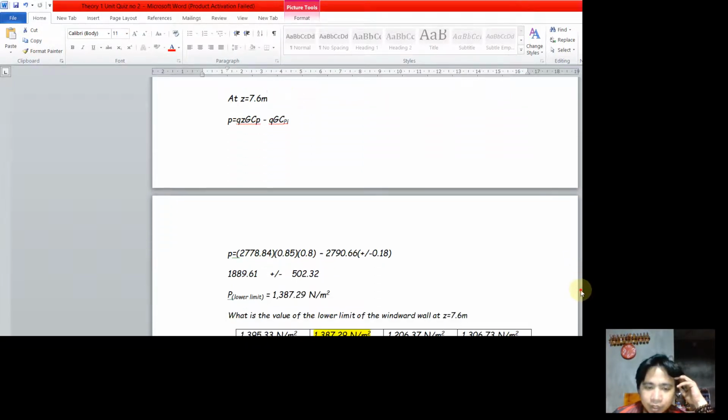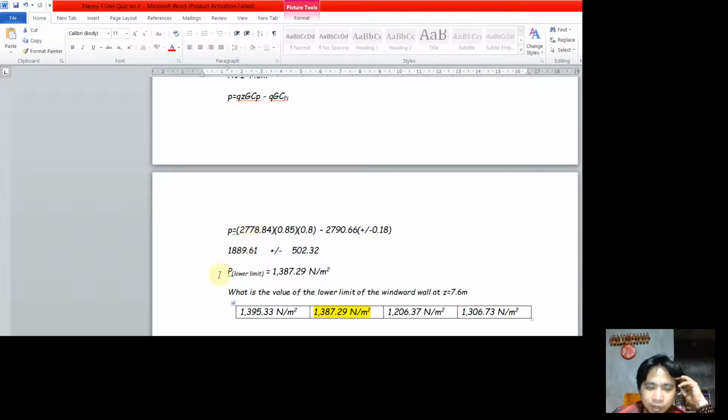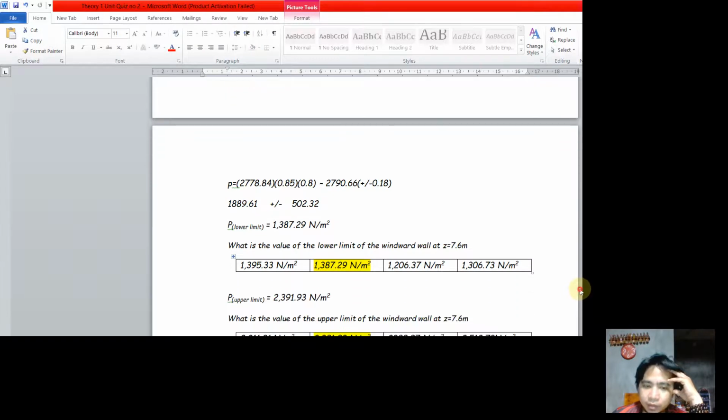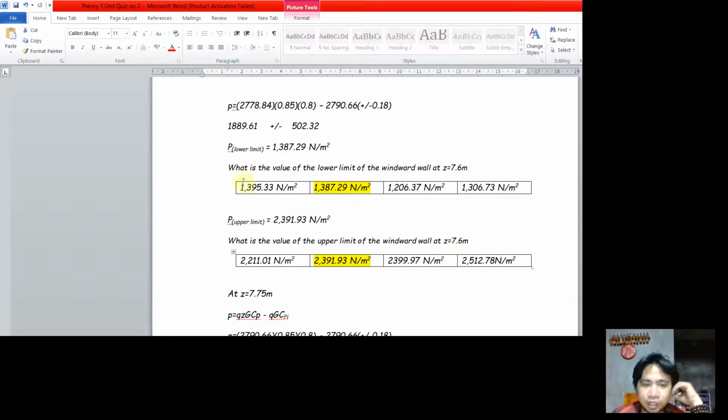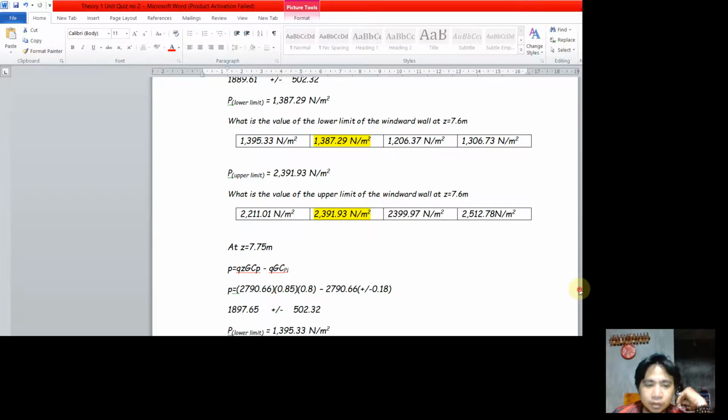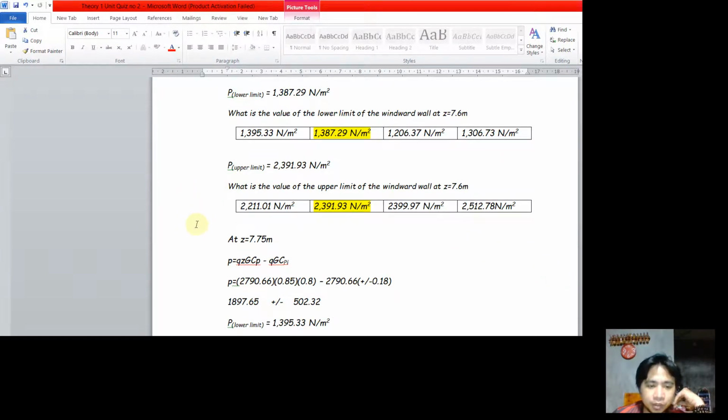We're going to add that one. We have the upper limit and the lower limit. For the lower limit, we have 1,387.29 Pascal. For the upper limit, we have 2,391.93 Pascal.